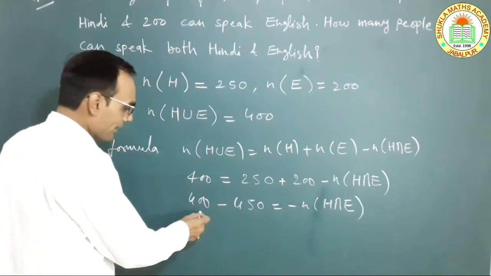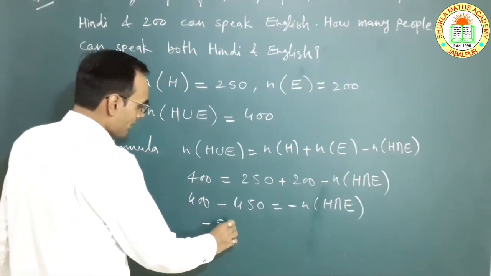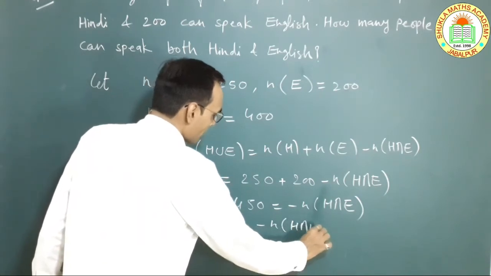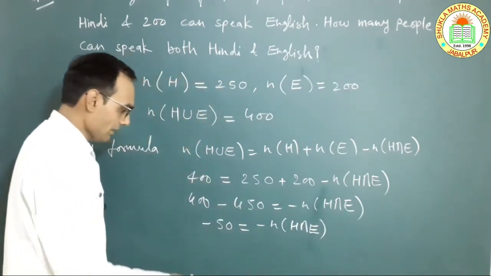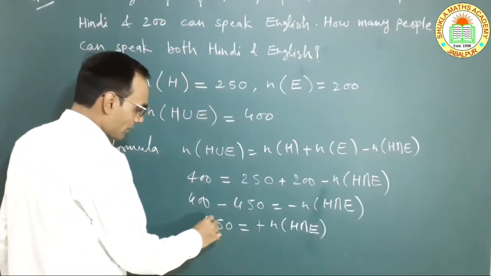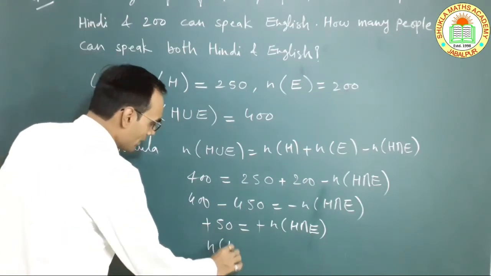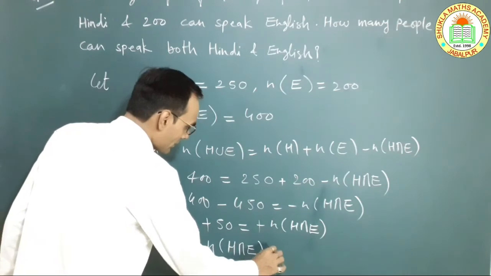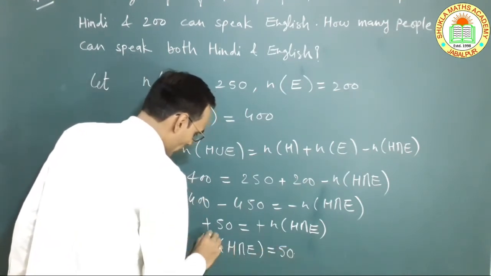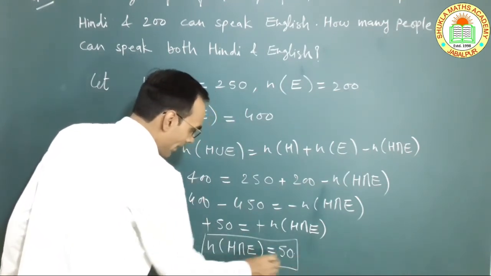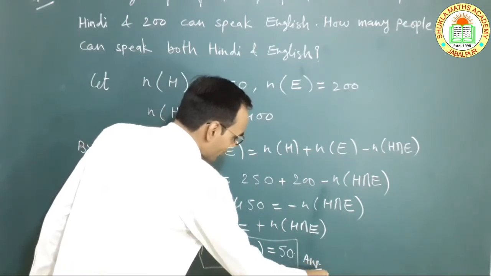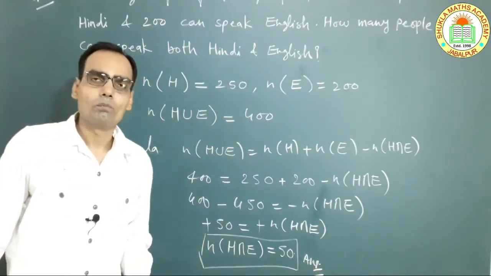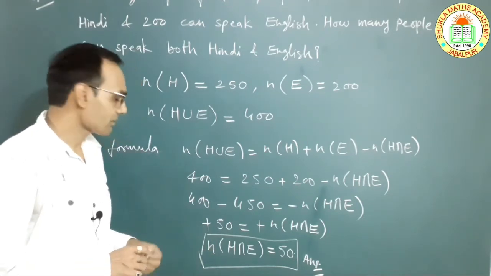It becomes 400 minus 450, that is minus 50, equals minus the number of elements in H intersection E. Now cancelling the negative sign on both sides, we get the number of people who can speak Hindi and English is 50. So this is our required value. So 50 pupils can speak both the languages Hindi and English.